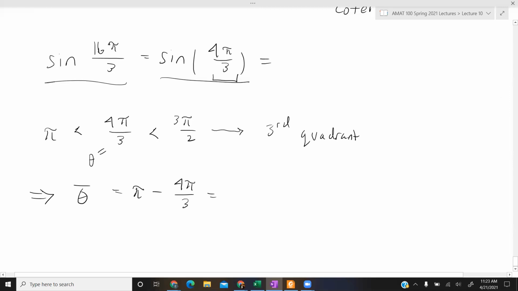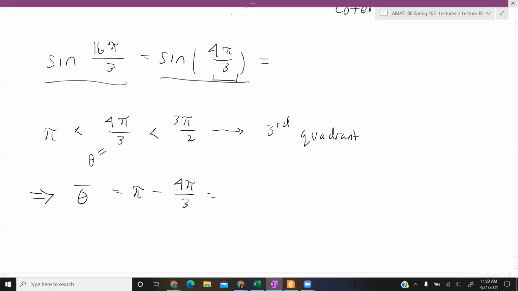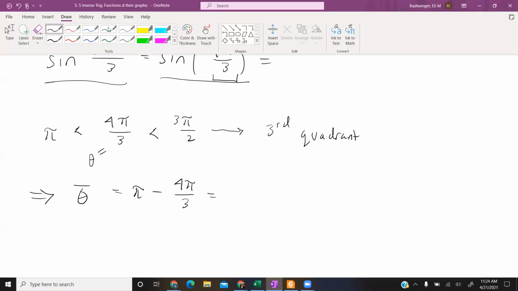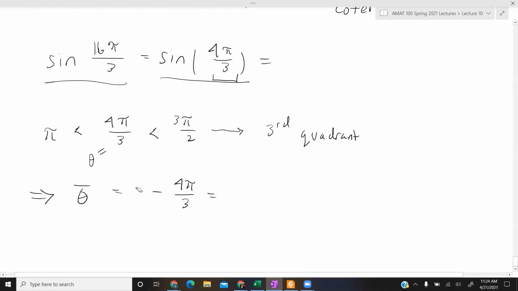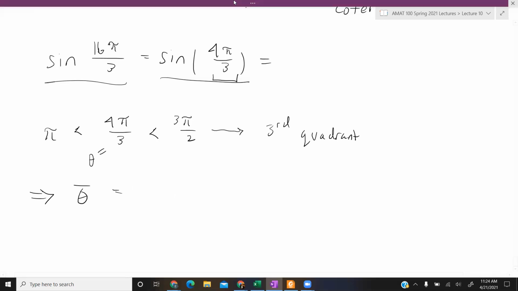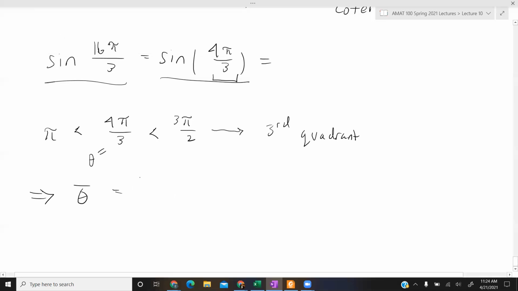I think I left something out of the definition. Okay, so it's got to be positive. This is an acute angle, so it's an angle between 0 and pi over 2. So this number can't be negative. I just have to flip the numbers around. So it'll be 4 pi over 3 minus pi, which is equal to pi over 3.